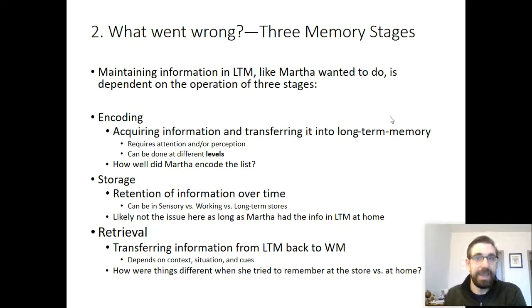And so maybe the appearance of this whole aisle of cereal is perhaps distracting us from being able to retrieve the fact that we need onions. So something could have gone wrong at each of these stages, likely having to do with either how well she encoded the information or the difference in the situation from when she encoded it versus when she tried to retrieve it at the store.